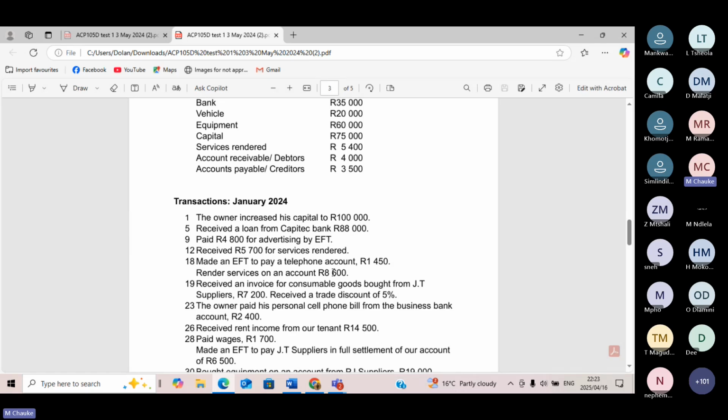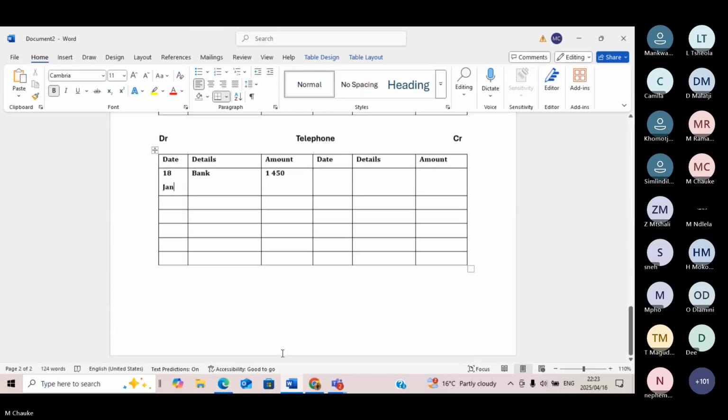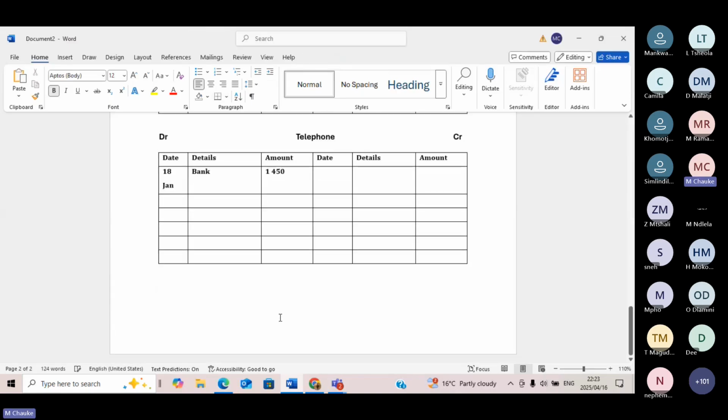So the two accounts affected here are services rendered and debtors control, right? Services rendered, we already have an account. We're just going to create another account for debtors. So let me just copy this one.